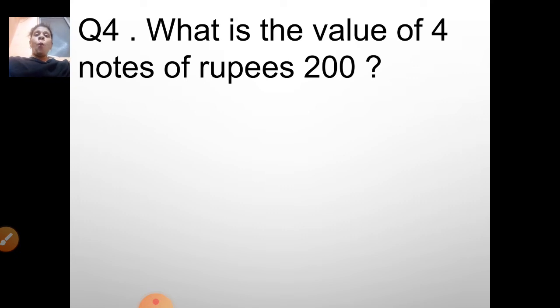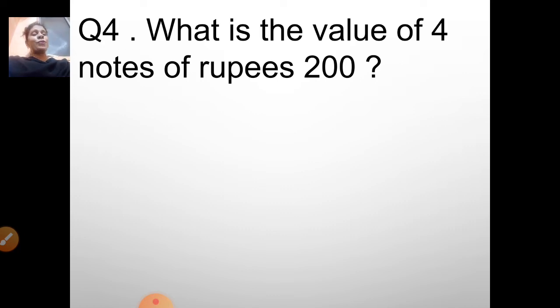Question number 4. What is the value of 4 notes of rupees 200? 1 note of 200 will be 200. 2 notes of 200 will be 400. 3 notes of 200 will be 600.